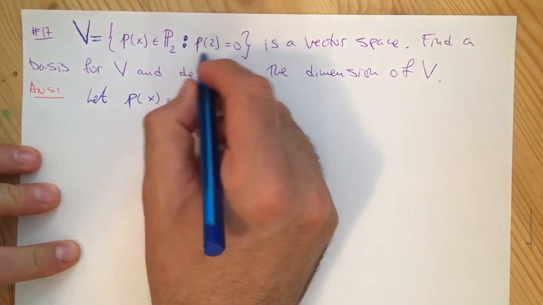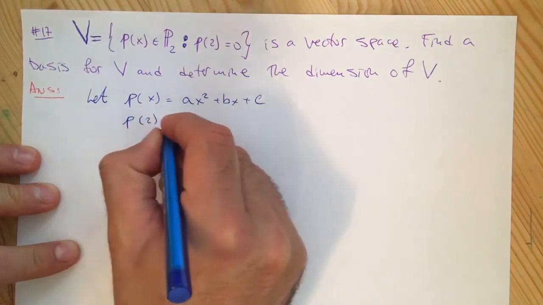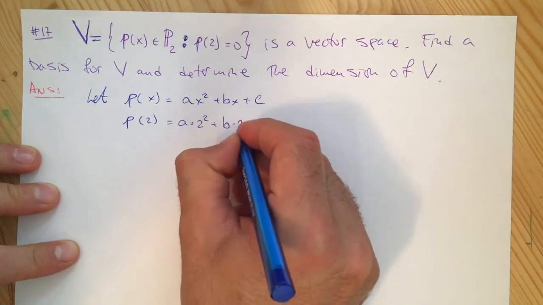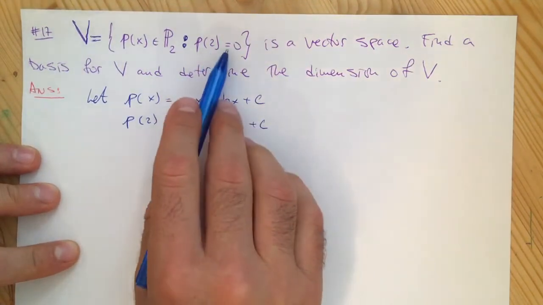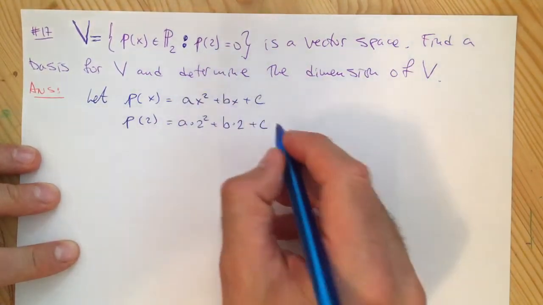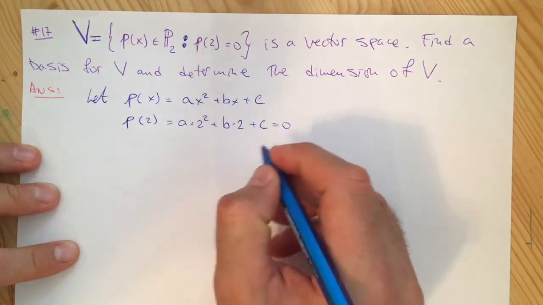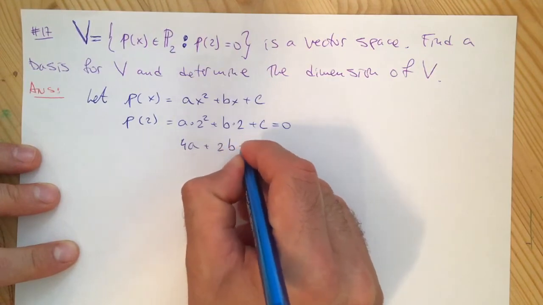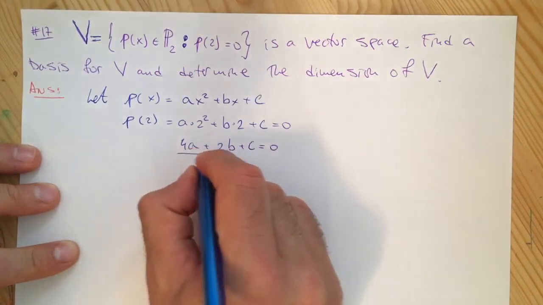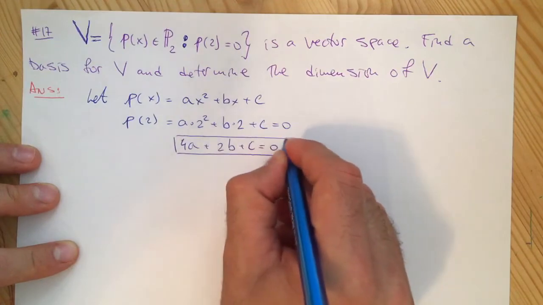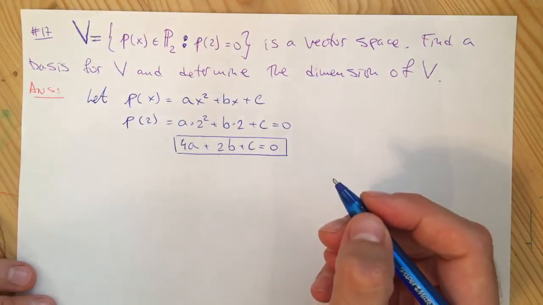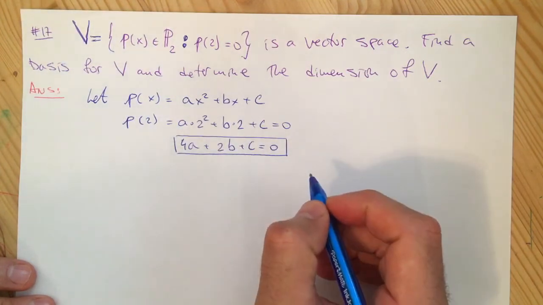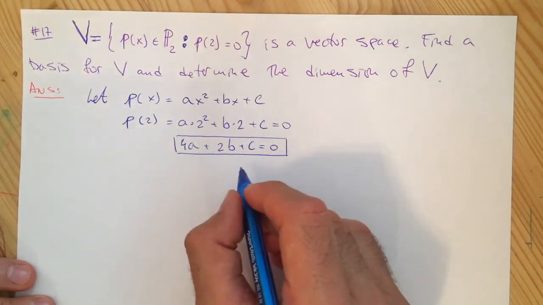So let's calculate what p of 2 is. That's a times 2 squared plus b times 2 plus c, and in order to satisfy the condition, this has to be equal to 0. So we have 4a plus 2b plus c is equal to 0. And we have some kind of relation here between a, b, and c. So now you have to express one term in terms of the others.